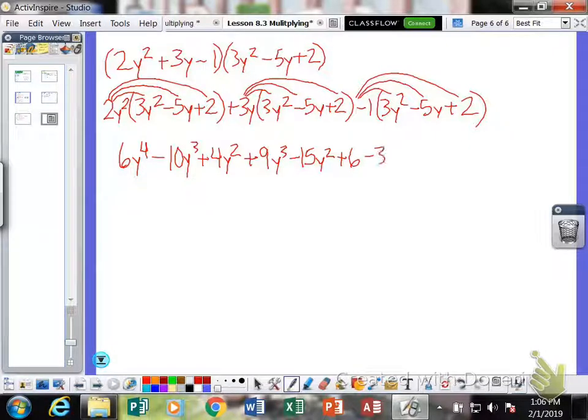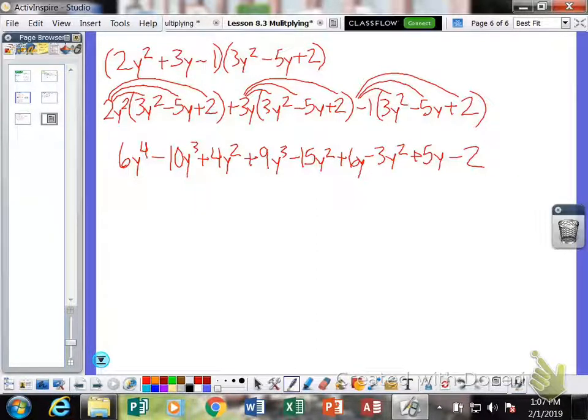So I have negative 3y squared plus 5y minus 2. There should be a 6y there. Just fix that, make sure everything's good.